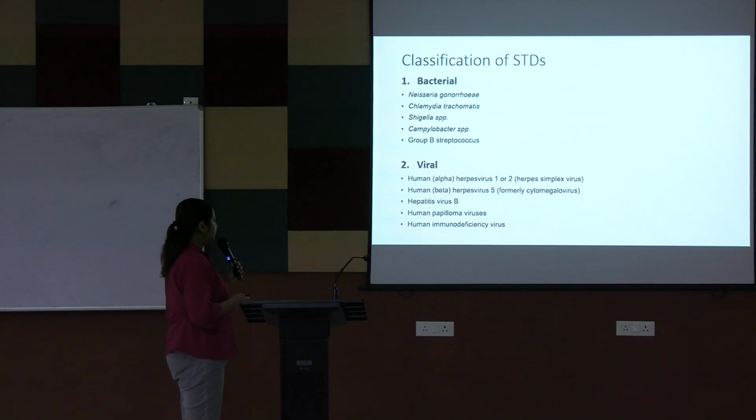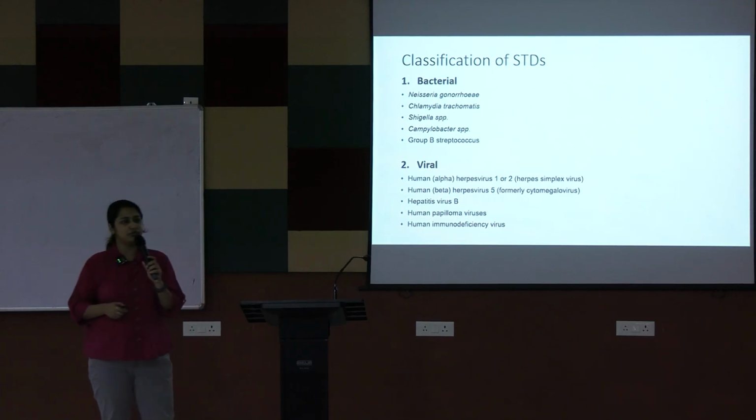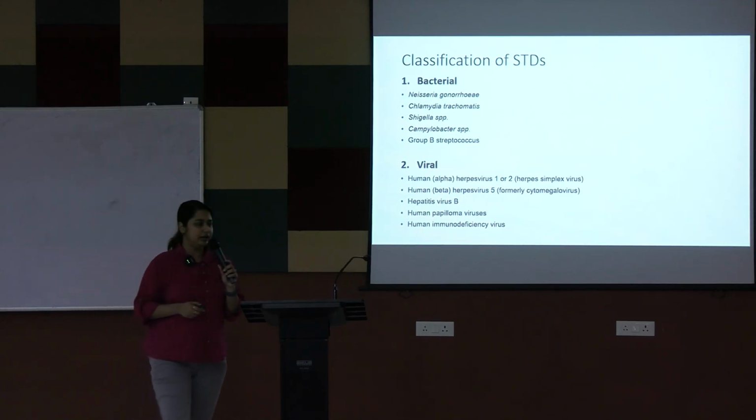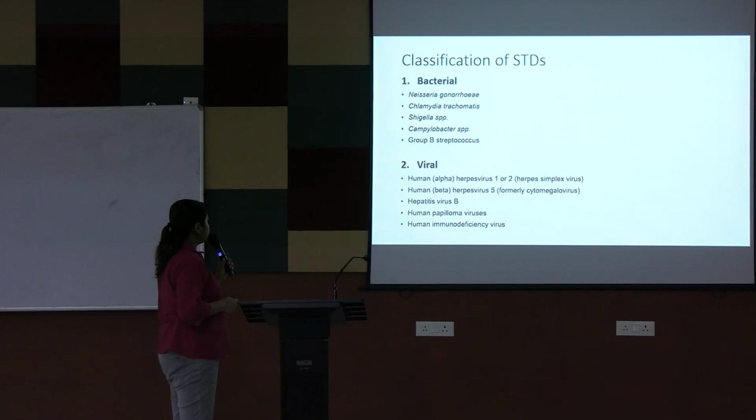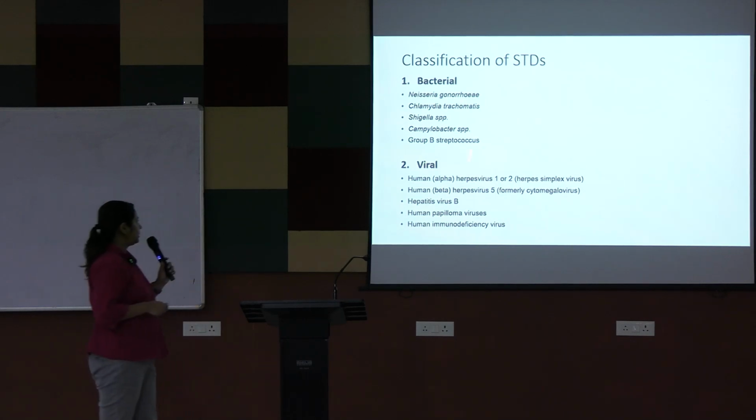So, what are some examples? Again, you need to remember at least 2 to 3 from each category, not more than that. Under bacterial, there is gonorrhea, Neisseria gonorrhoeae, Chlamydia trachomatis, Shigella, Campylobacter, group B streptococcus. These can happen otherwise also, but these two usually are spread through sexual contact almost exclusively: Neisseria gonorrhoeae, Chlamydia trachomatis.